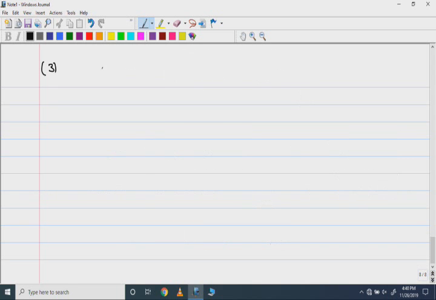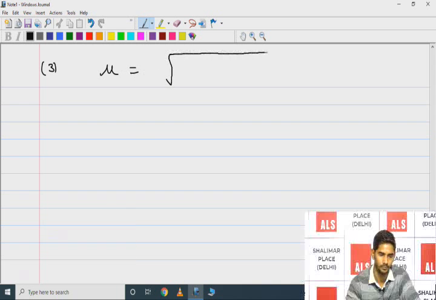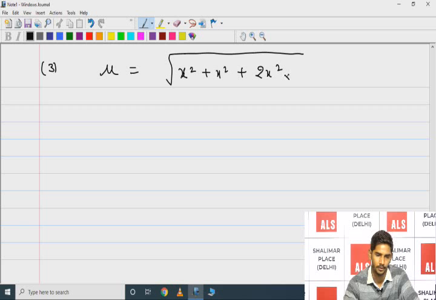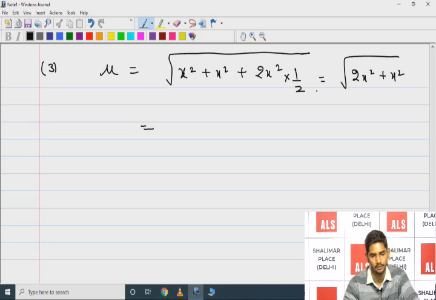Third part: x square plus x square plus 2x square into 1 by 2. So this is 2x square plus x square, which is root 3 x.